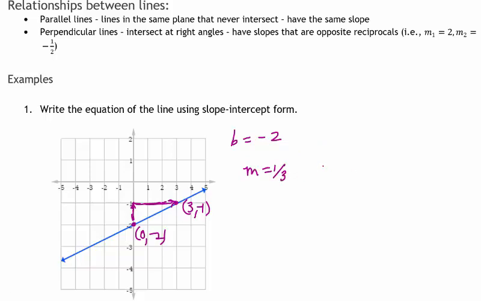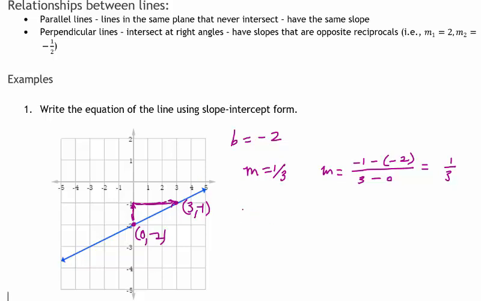Another way, if you are unable to tell from the graph, is to use the slope formula. It's -1 minus -2, the change in the y's, over 3 minus 0, and we also get 1/3. Notice the slope is positive and the line is rising, going up from left to right, and that should be the case.